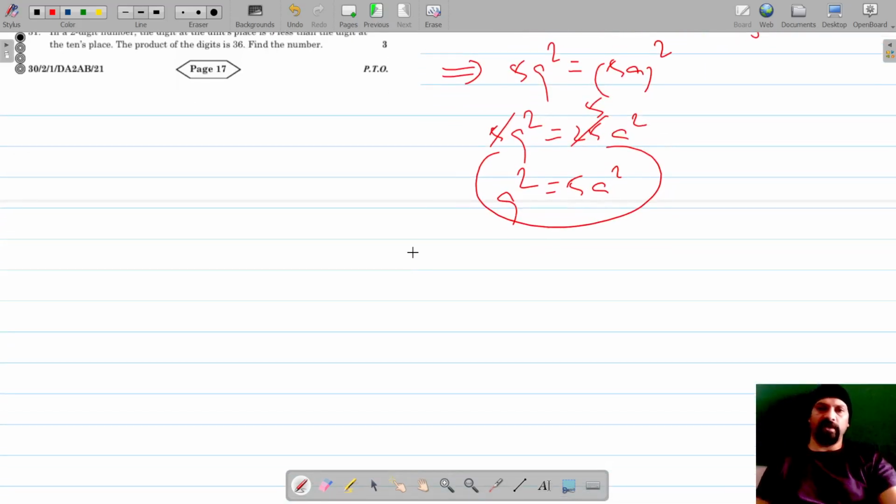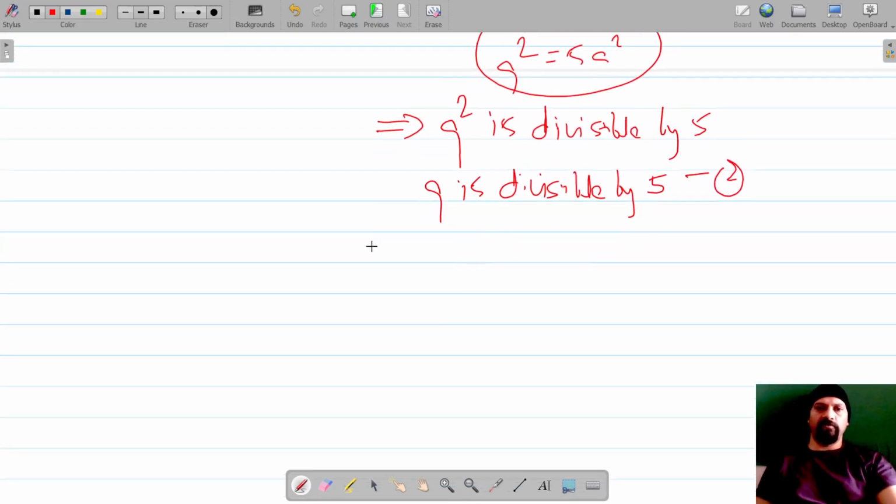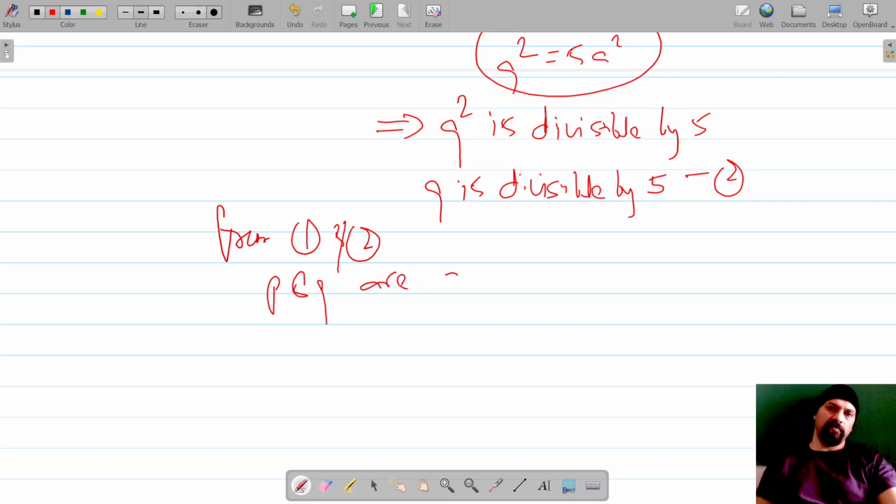Now q square is equal to 5a square implies that q square is divisible by 5. If q square is divisible by 5, that means q is divisible by 5. This is our result 2. So from 1 and 2, we have got that p and q are divisible by 5.